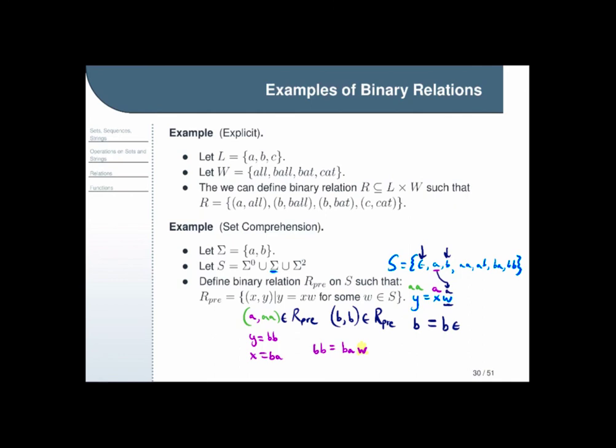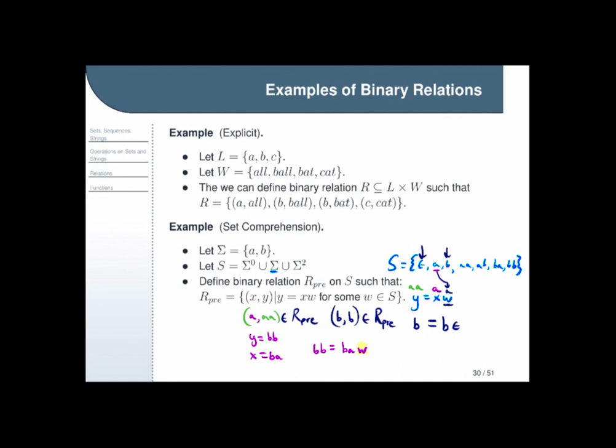So what's going on here in general? You don't always have to do this, but if you can get a way of characterizing this in an intuitive English sentence, that's often helpful. What does it mean when we write this rule? When we say x concatenated with w is equal to y, it means we're looking for something that we add to x to make it the same as y, and it has to come from S. The interesting thing is that this means x and y have to start with at least the same thing.